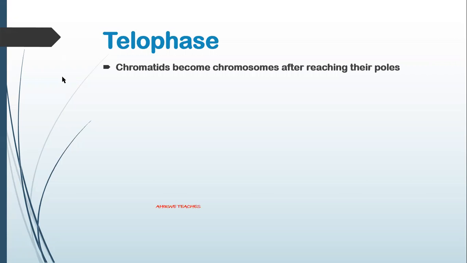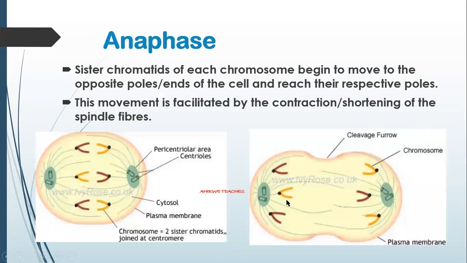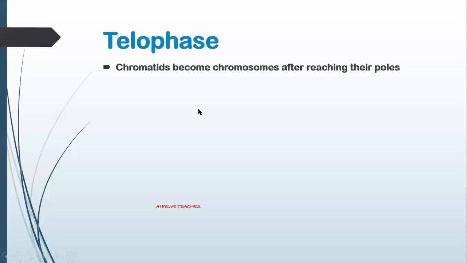With telophase, the chromatids become chromosomes after reaching their opposite poles. Remember, they are being pulled, and they will reach the opposite poles around here. Then this one cleaves and you separate them and form your two cells.